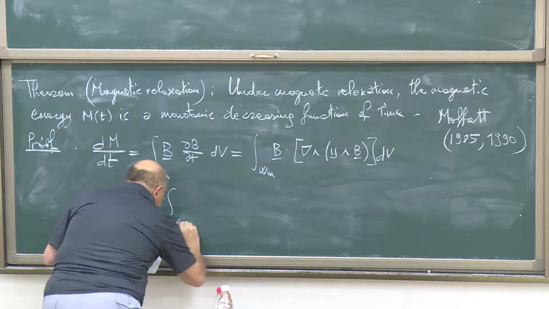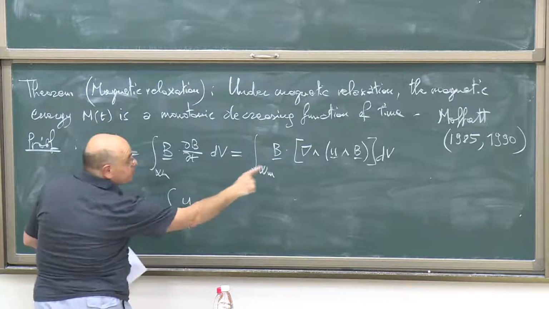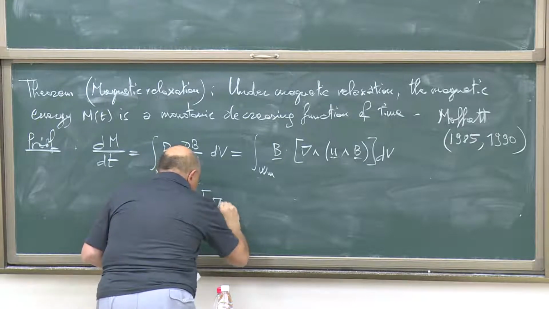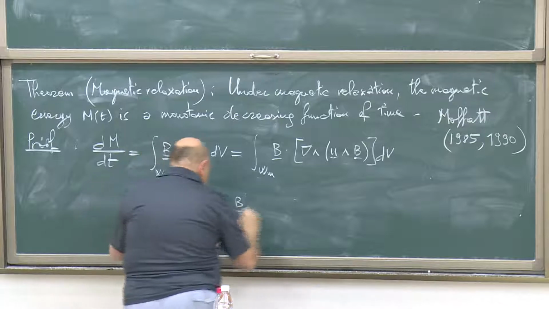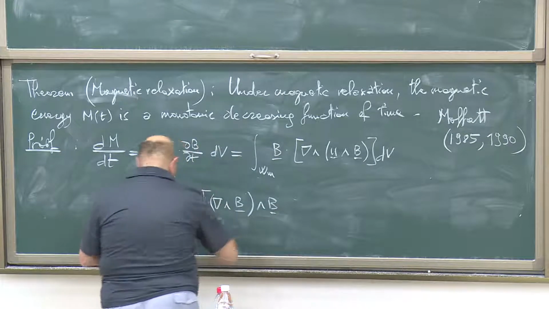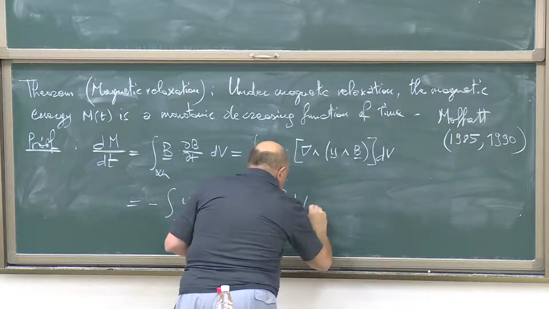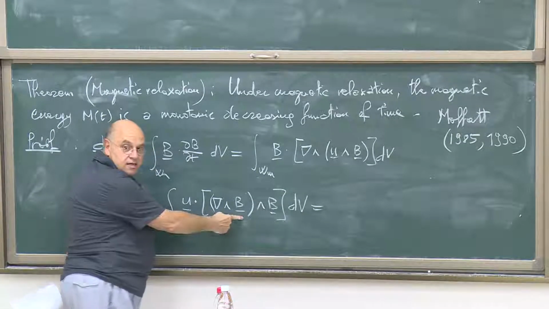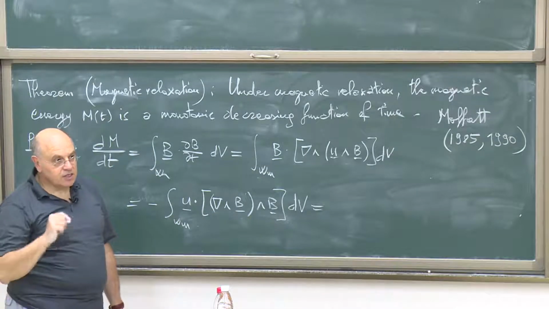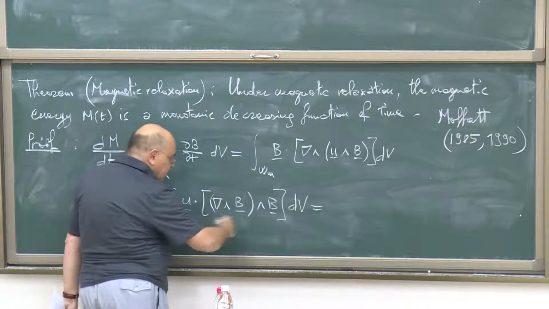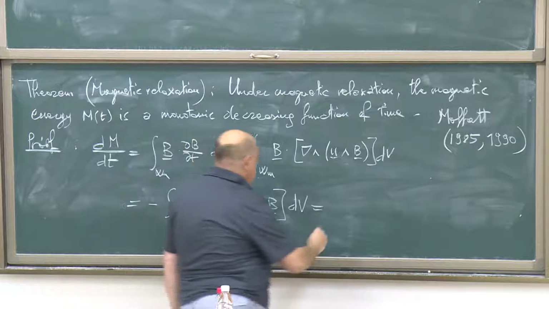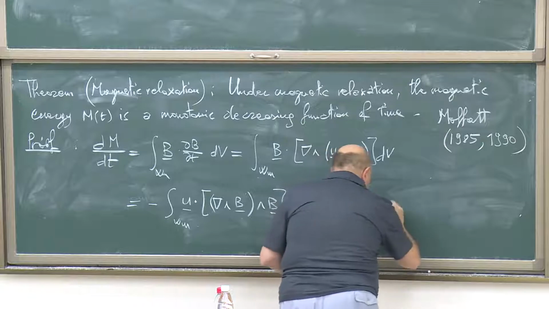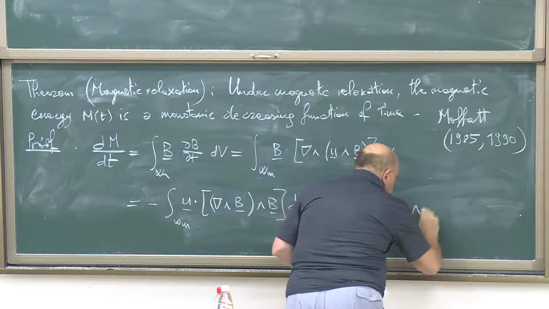The integral of u dot the curl of b cross b in dV. And now curl of b is the Lorentz force, is the electric current. And so we can write this as an electric current contribution, the integral of u dot j cross b.